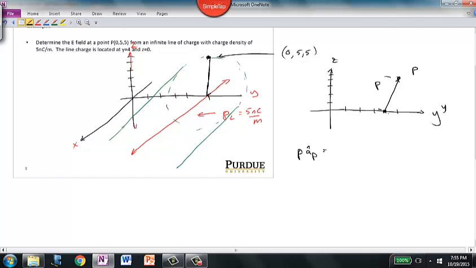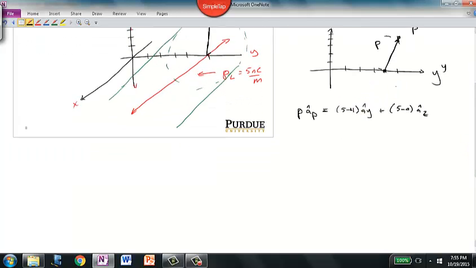For us, if we want to translate that to the z-y plane, it is equal to 5 minus 4 a hat y and 5 minus 0 a hat z. So that's equal to this vector right here, but I've just written it in rectangular coordinates. So rho a hat rho is equal to a hat y plus 5 a hat z.